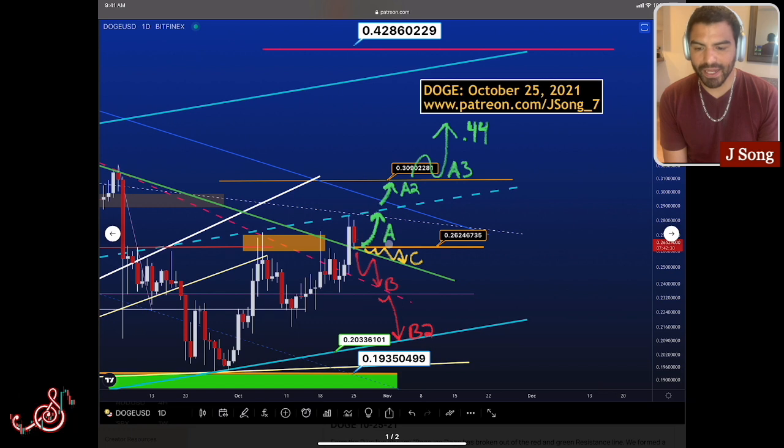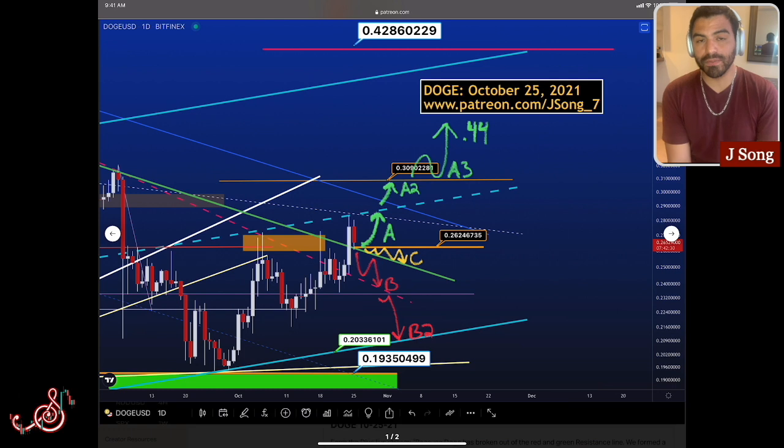And I gave that currently we were in this sword area, so we might see a run up to the next sword level. But we would need to get a break above that level, and that's going to be 30.90 cents to be precise, for us to be able to see a higher move. I do still expect Doge to be doing a move to around 44 cents and then going back down.